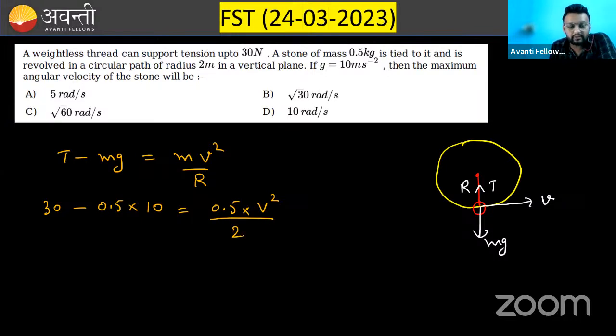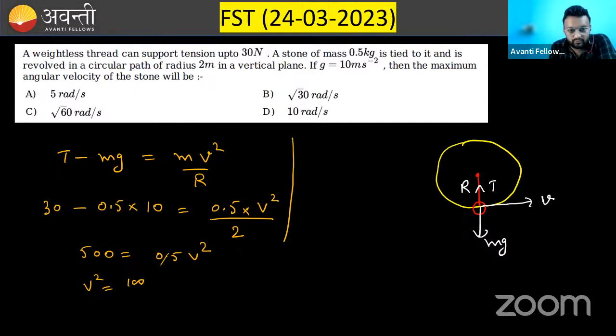Radius is again 2 meter. I think you can solve it, and you will get 25 into 2, 50, is equal to 0.5 v square. And you can see that v square is equal to 100.